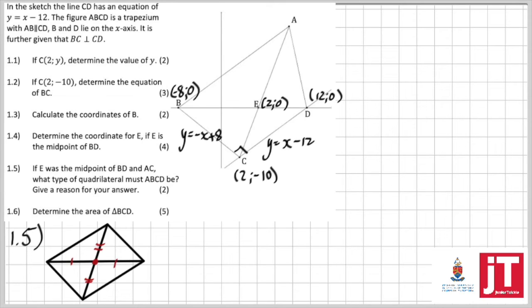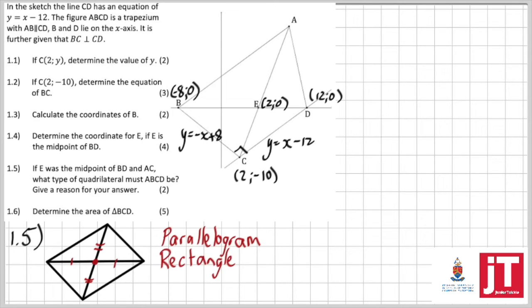You see, I took it out of the sketch and just roughly drew what I understand. If that was the case, what type of quadrilateral must ABCD be? Well, it would be either a parallelogram, a rectangle, or a square.